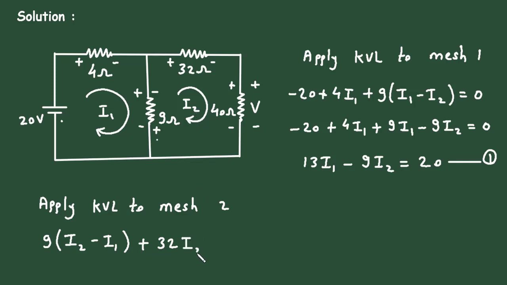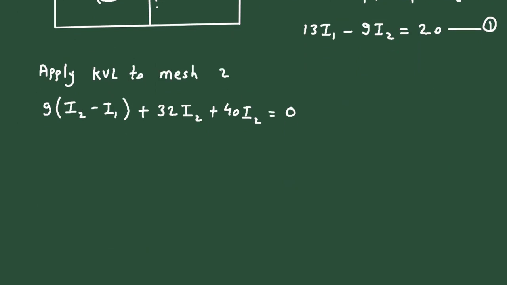I2, then plus 40 I2 is equal to, here the loop is completed, so it is equal to 0. Now let's simplify this. So it will be 9I2 minus 9I1 plus 32I2 plus 40I2 is equal to 0. Let's write I1 terms first.